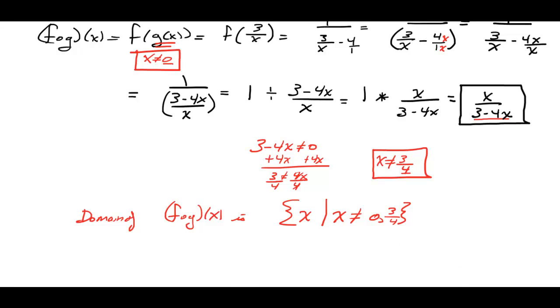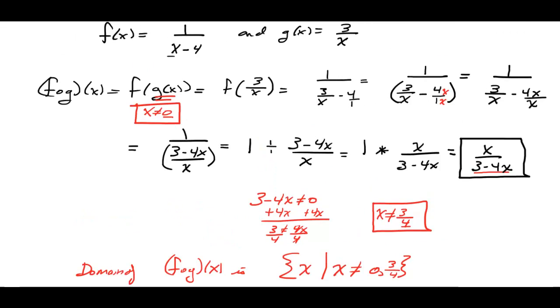You could write that in interval notation. It's a little bit more cumbersome, but we would write this as negative infinity to 0, not inclusive, union 0 to 3/4, not inclusive, union 3/4 to infinity. Each one of those is a valid way of writing the domain. So you have to find the intersection of those two values.